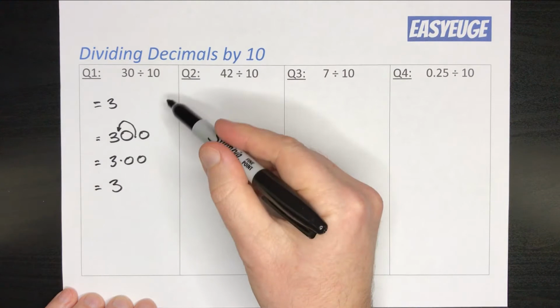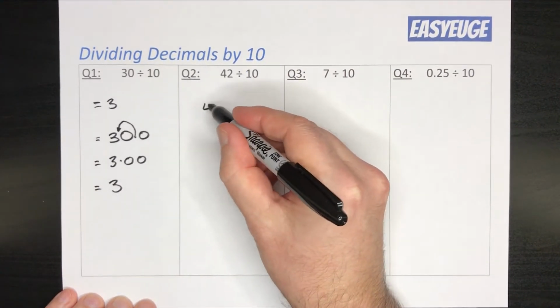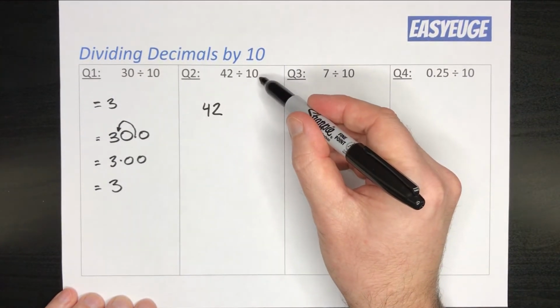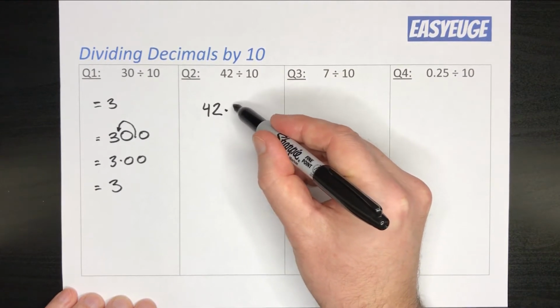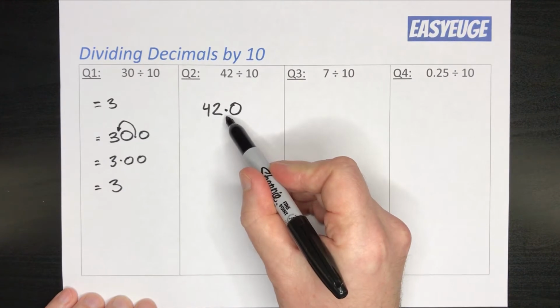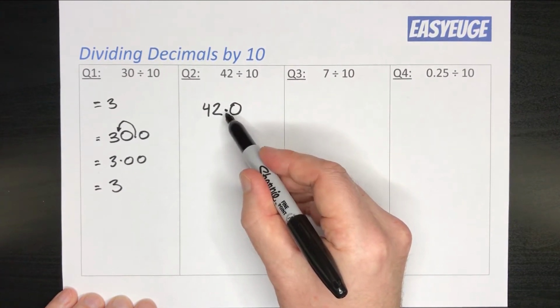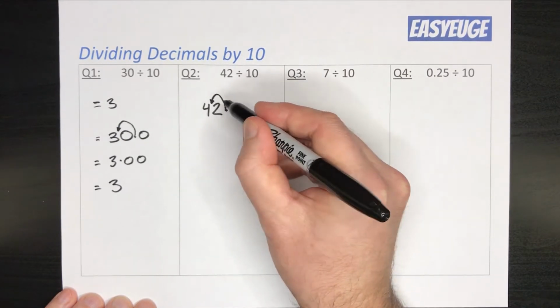So let's use what we've learned about dividing by 10 on the next question. Here we have 42. And we're going to divide this number by 10. So 42, remember, is the same as 42.0. So now we can see where the decimal point is. So to divide by 10, take your decimal point and move it one place to the left.